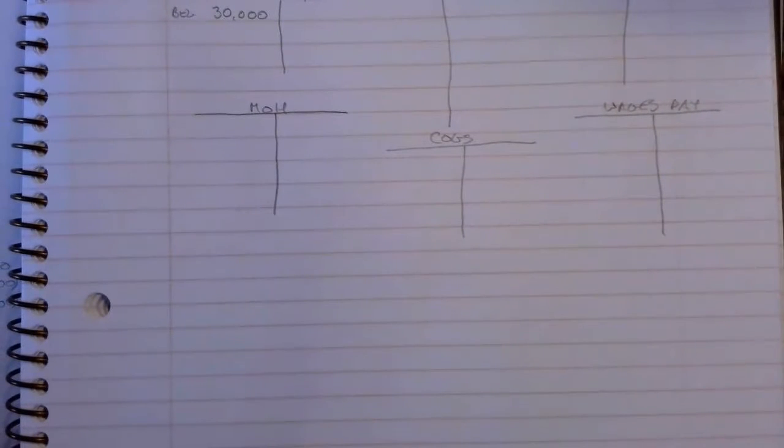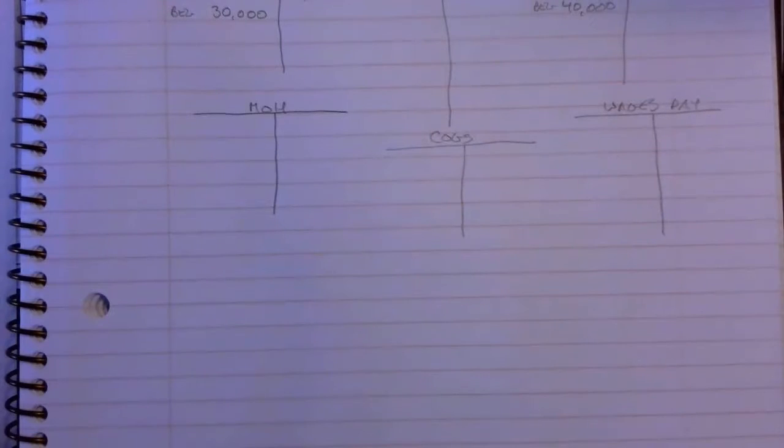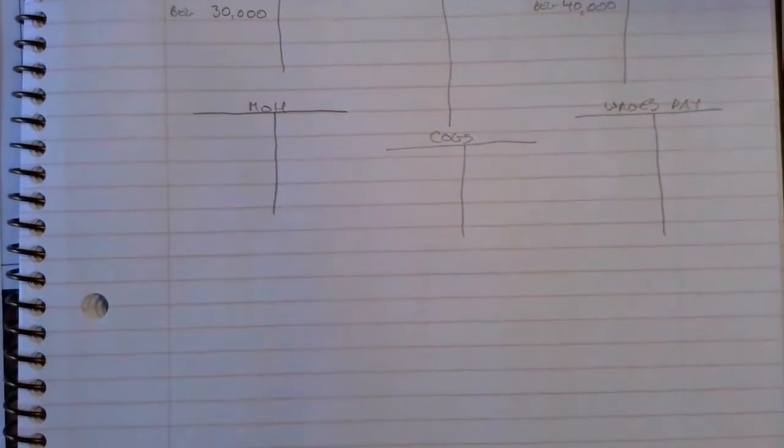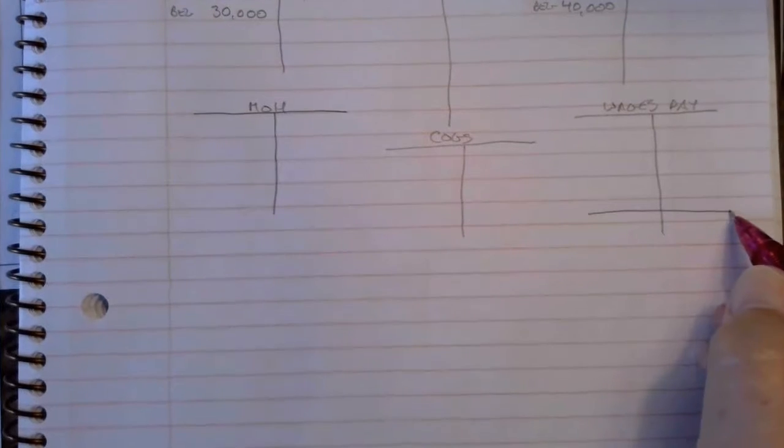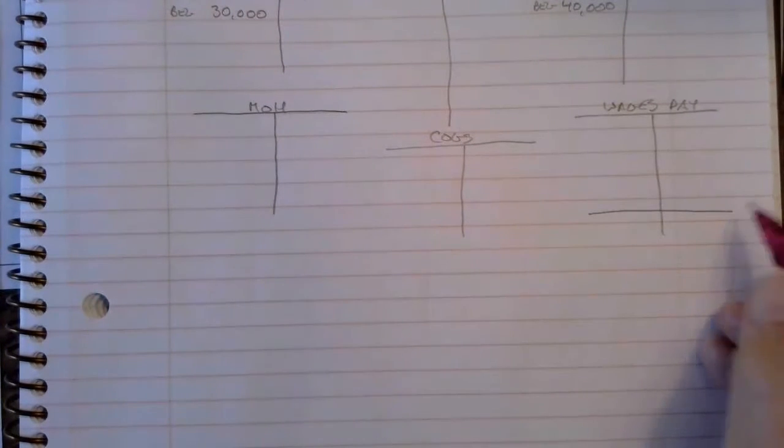Wages payable. And what do we know so far? The beginning balance for direct materials is $30,000. The work in process control doesn't have anything, so we'll leave that blank. Finished goods has a beginning balance of $40,000. Wages payable control is going to be an ending balance of $6,000.